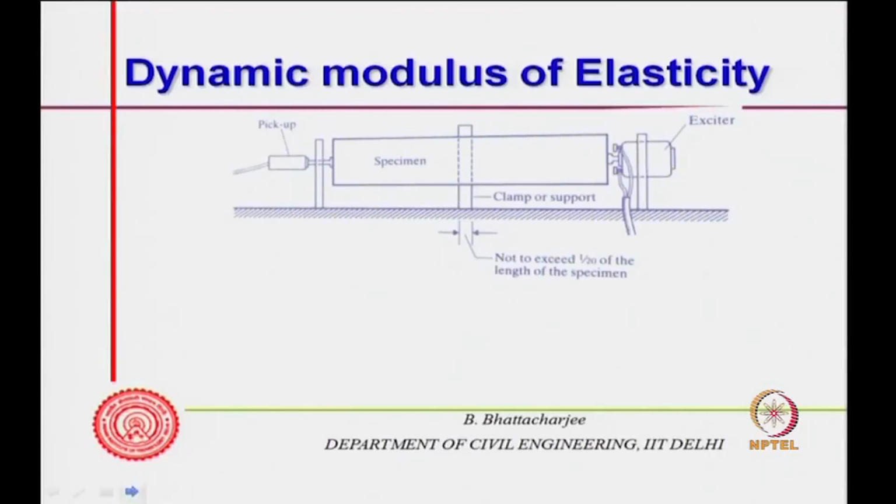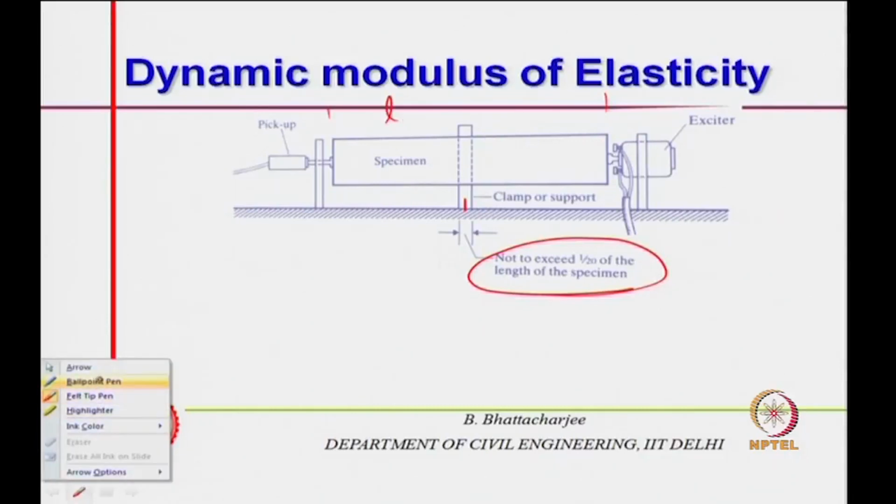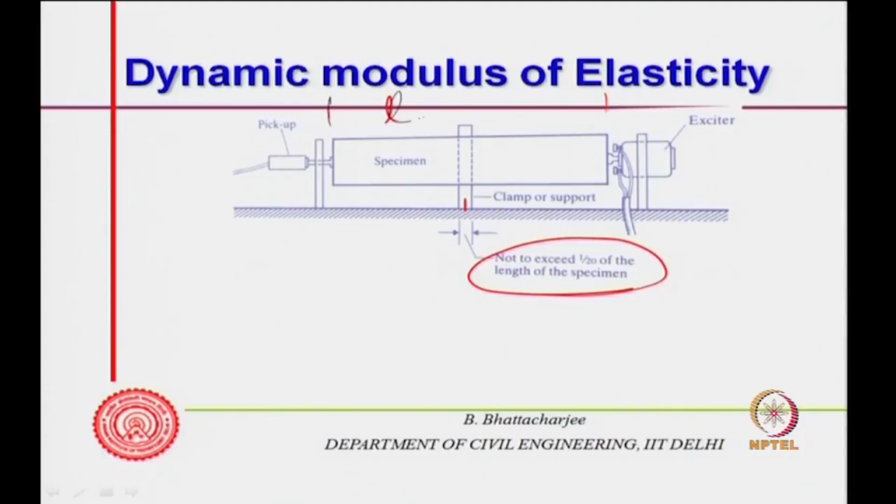Dynamic modulus of elasticity is determined in this perspective view of the diagram that you see. You have a clamped support which should not exceed 1/20 of the length of the specimen. So, this is the length of the specimen, this is L, and this should not exceed L by 20.